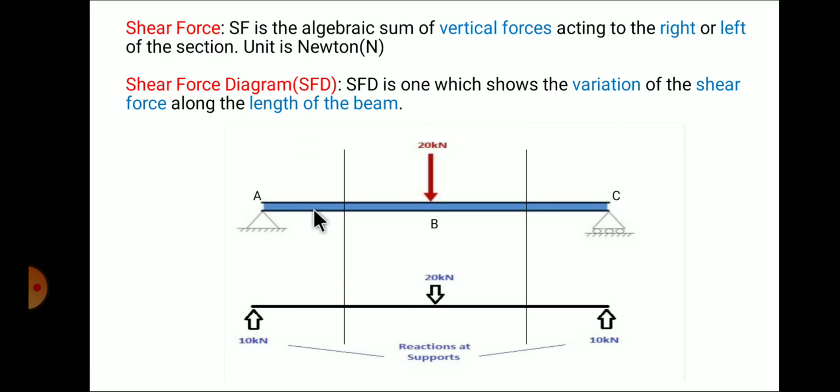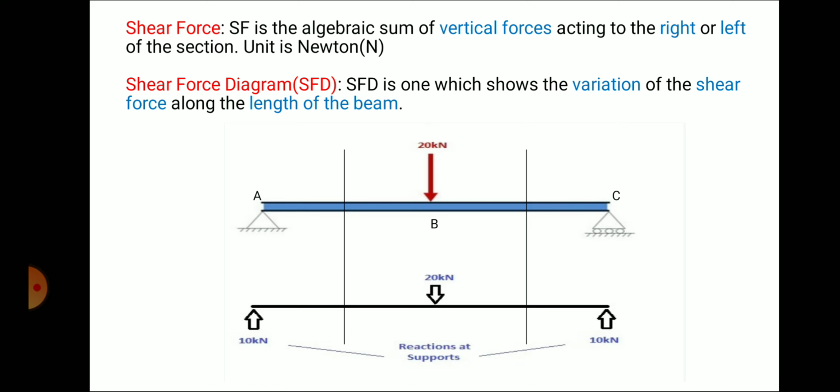SFD is the diagram which shows the variation of the shear force along the length of the beam. While solving the problem, I will show you the variations in the shear force diagram. Just understand what is meant by SFD.